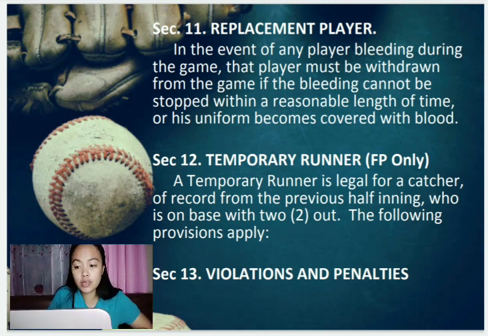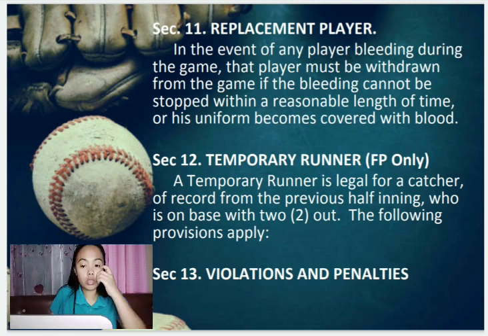Next, the temporary runner may be used anytime after the second out has occurred. And last, the temporary runner is the player scheduled to bat last and who is not on base at the time the option is taken.